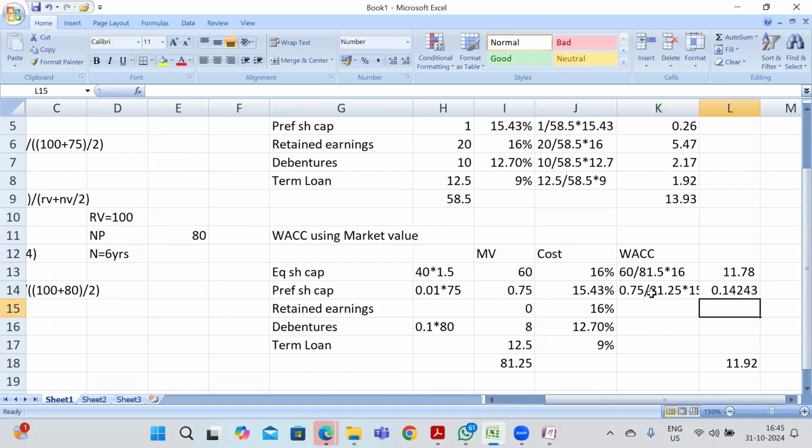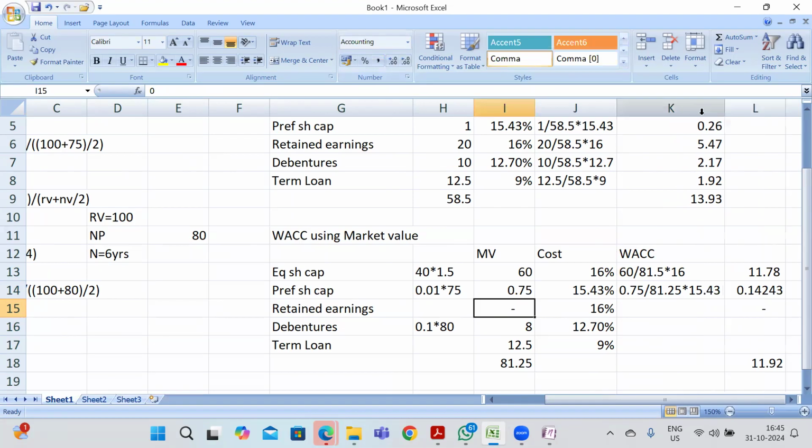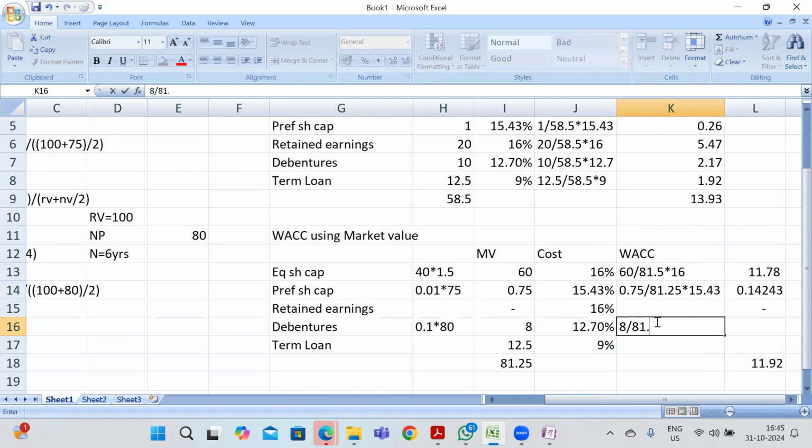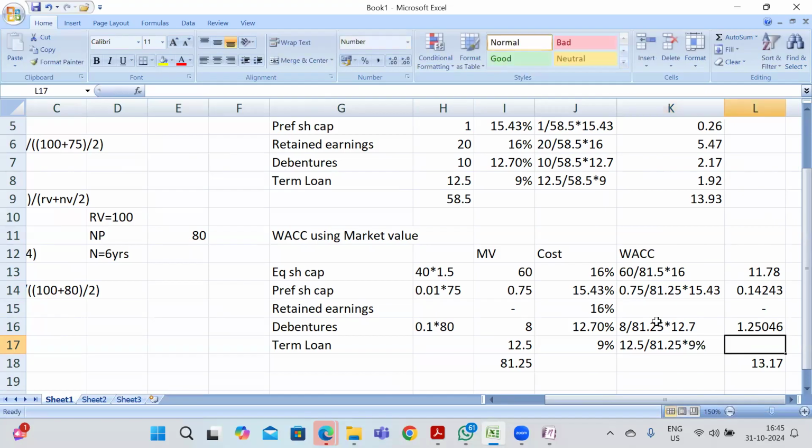Here it won't come, so 0. Here it is 8 divided by 81.25 into 12.7. So 12.5 divided by 81.25 into 9%.